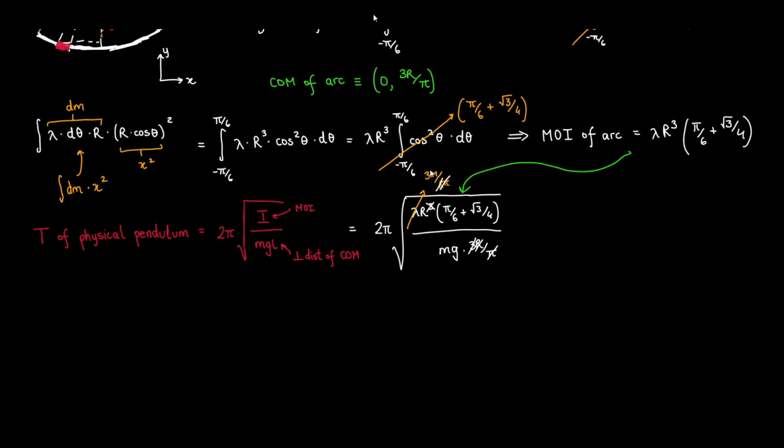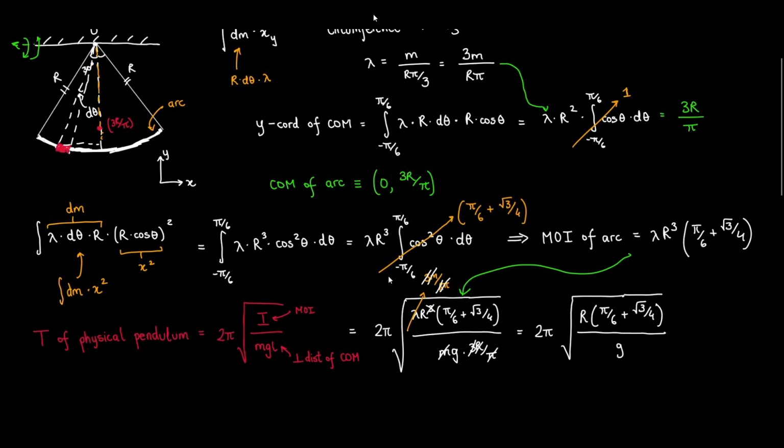The pi will also get cancelled and 3 will also get cancelled, and so will the mass m. So now we are only left with the time period, in a simple form, which is equal to 2 pi root of r into pi by 6 plus root 3 by 4 divided by g. So this is the complete answer.